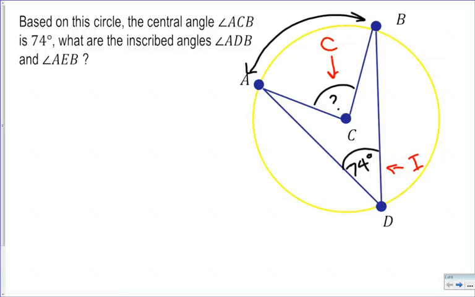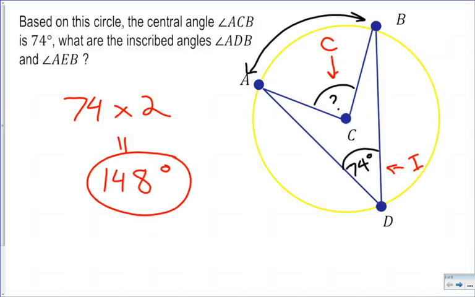What we also know is a relationship between them. If they share the same arc, which they do, then we know that the central angle is double the inscribed angle. So if it's double, it's just 74 times 2, which equals what? 148 degrees.